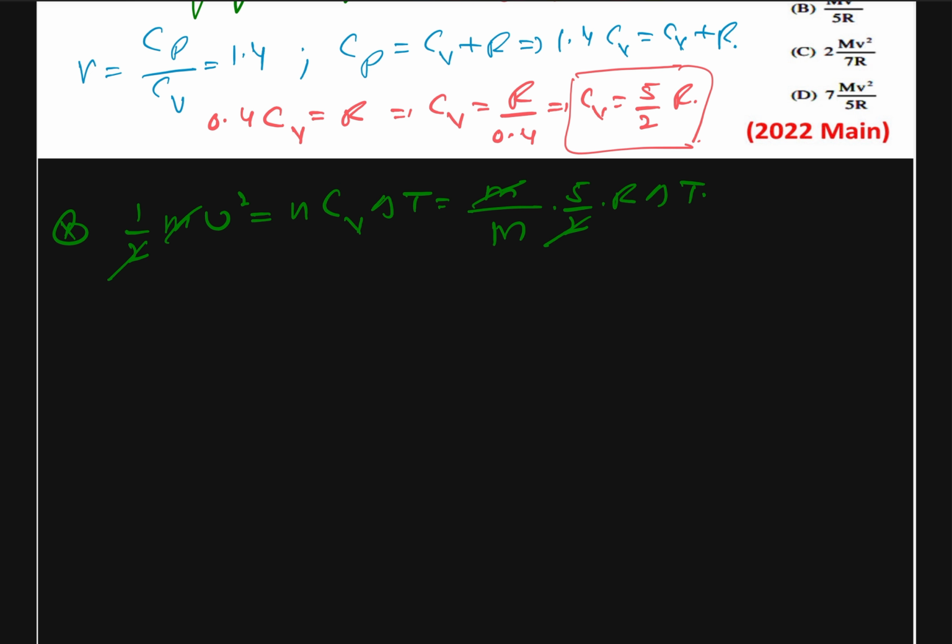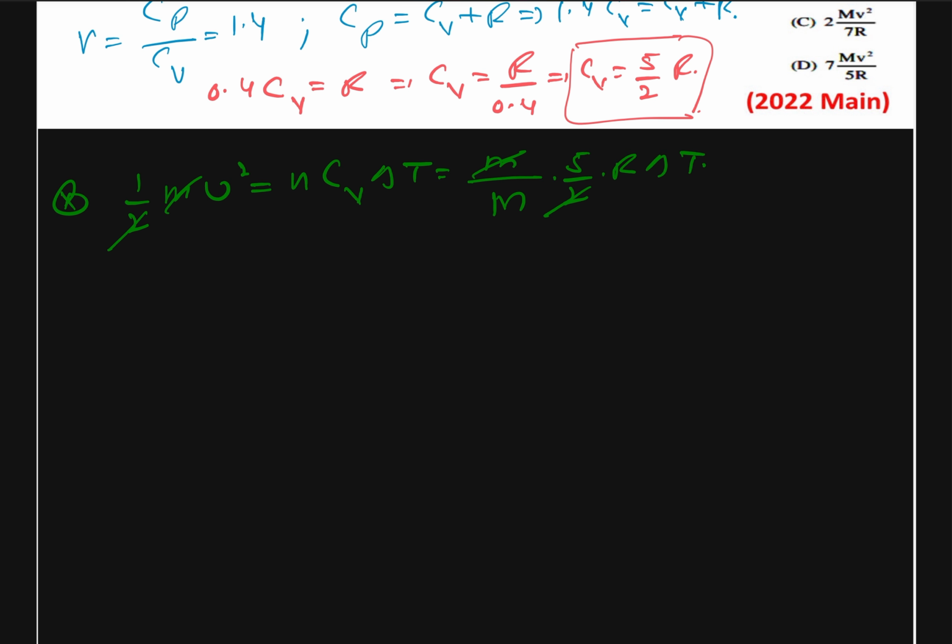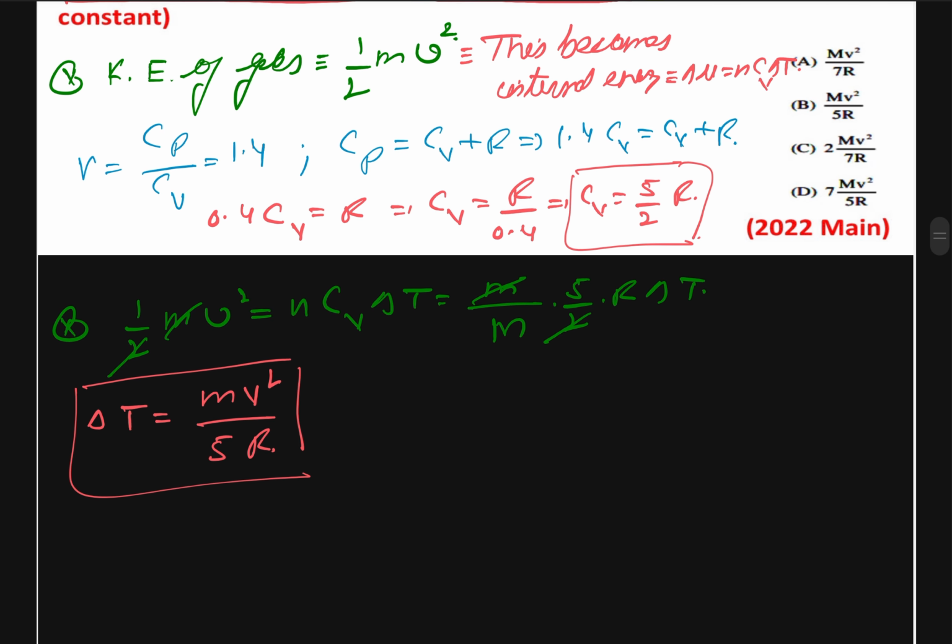So from here we get our delta of T will be equal to mv square upon 5R. So mv square upon 5R, option B is correct.